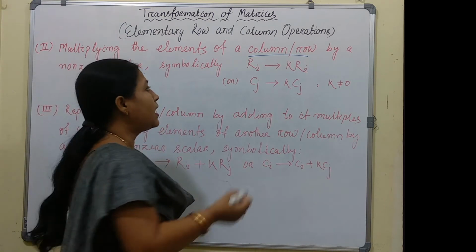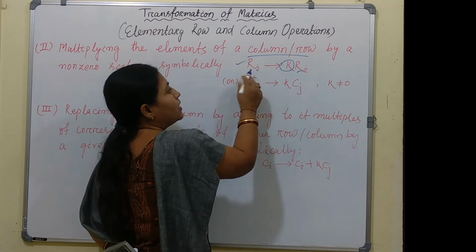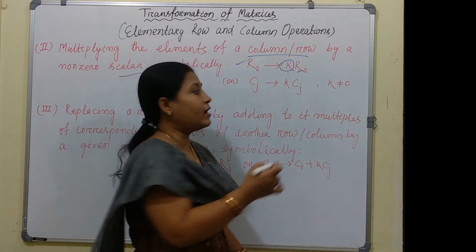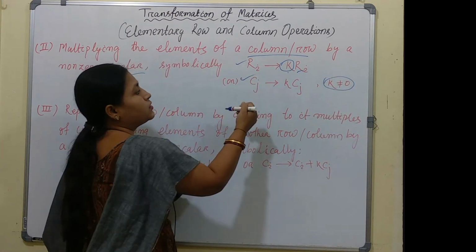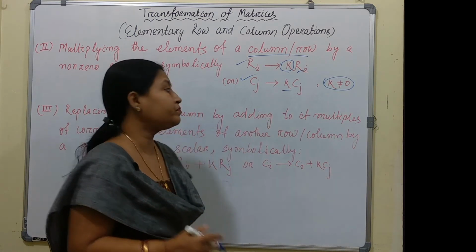Symbolically it is written as Ri is changed into K times Ri, where K is a non-zero scalar. Similarly for column operations, we can multiply K with any column.